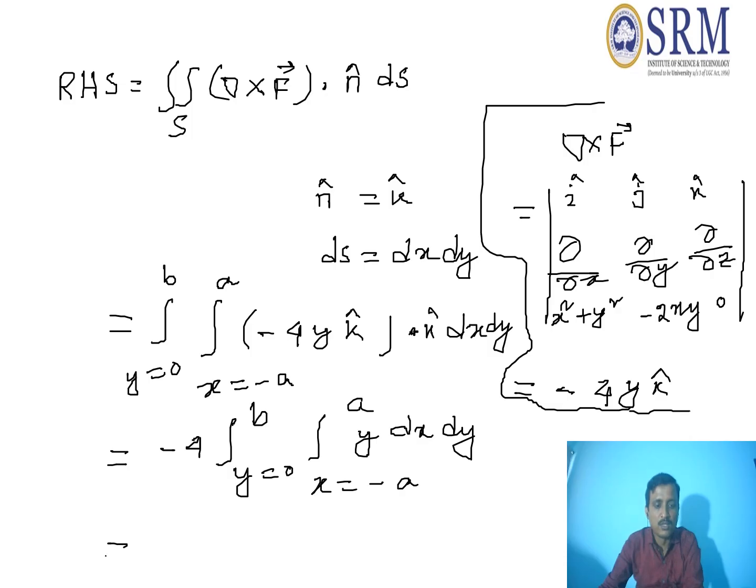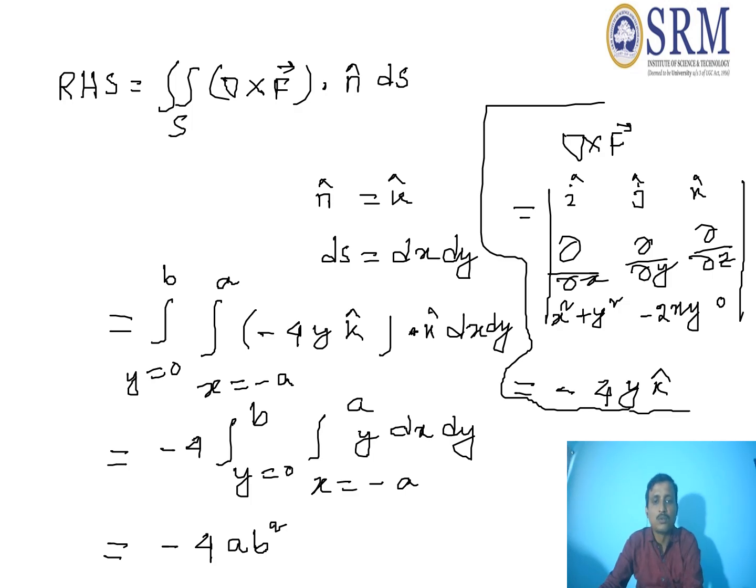This is a very simple integration. You do the x part and substitute the limits, next the y part and substitute the limits for y. What will you get? Skipping this part, this is homework for you. You can practice it. You will get minus 4ab square. It is your RHS value. Okay, so we got the RHS value, that means we have evaluated the surface integration.